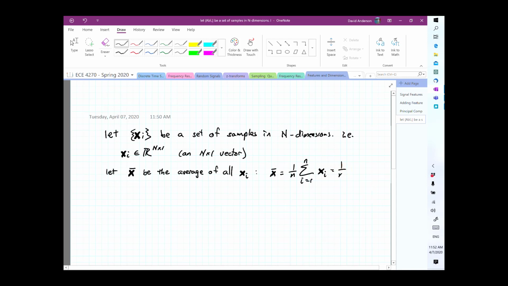So you could also write that, if it helps to be a little bit more clear, as the sum from 1 to n of [xi1, xi2, to xiN], where N is the dimension of the vector.